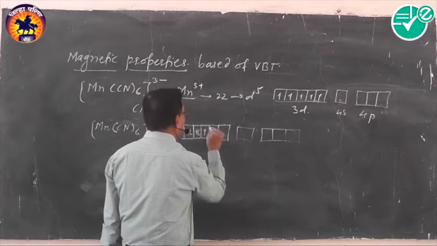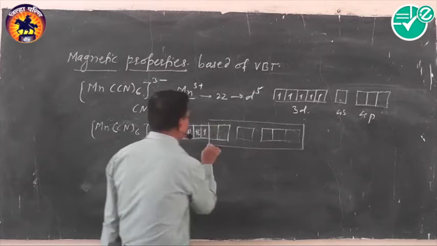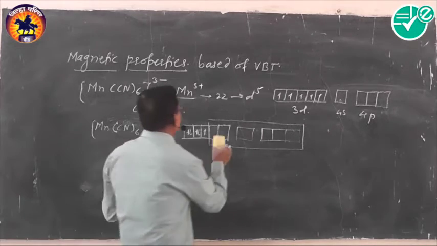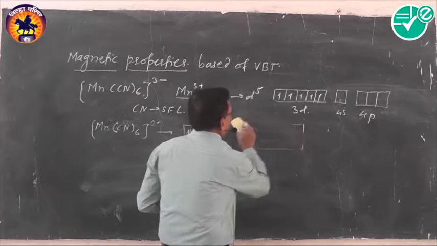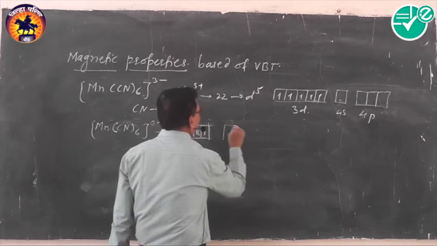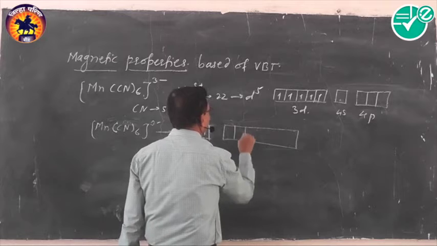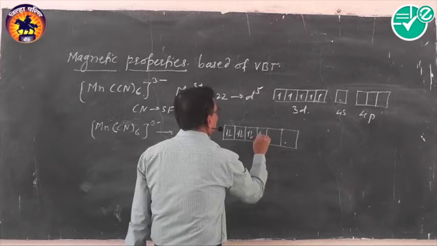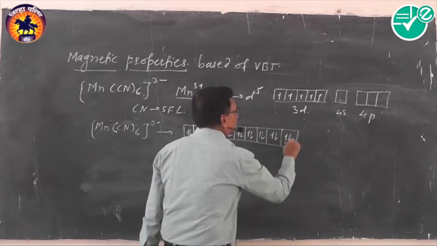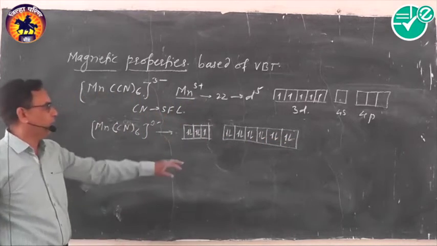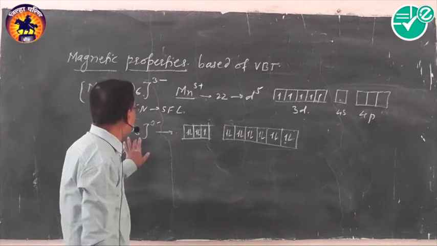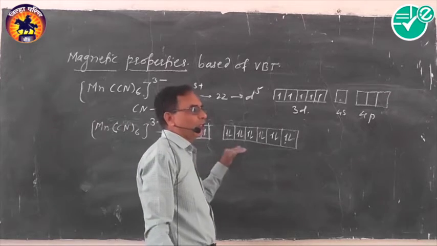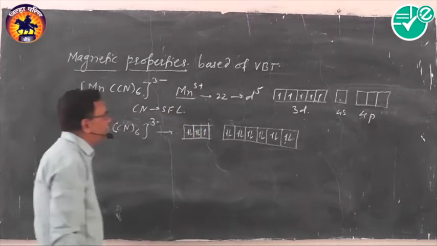It undergoes d2sp3 hybridization, and it forms the complex. The orbital picture for this is like this. Such type is the orbital diagram for this MnCN6 3 minus, or electronic configuration when the complex is formed.